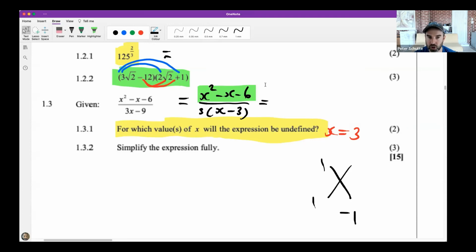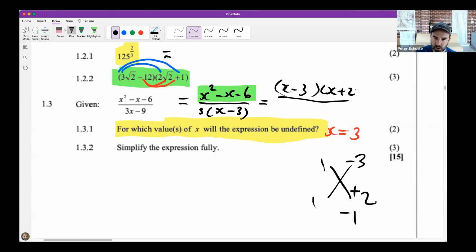What I'm going to do is I'm going to show you what we could do. We are going to factorize this top bit. And in order to factorize the top bit, we're going to get x minus 3, x plus 2. I'll just check that that does work out. It does.